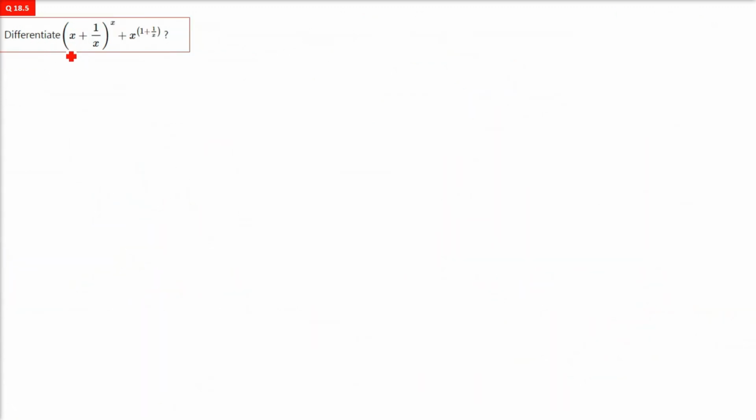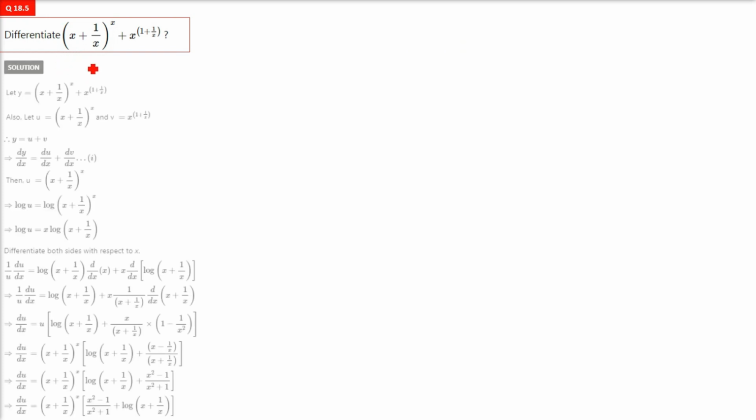We have x plus 1 by x to the power x and plus x to the power 1 plus 1 by x. So the first term, if it is different, we can do it differently. Or separately we can call it as u, the other term we can call it as v, and all of it we can call it as y equals u plus v. So dy by dx will be du by dx plus dv by dx.